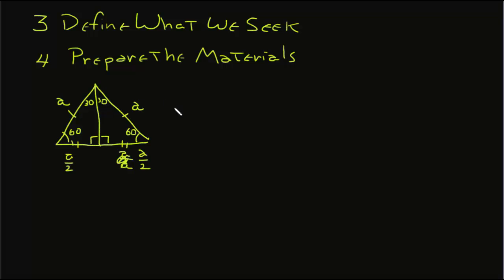So now we have twice over a 30, 60, 90 triangle, two of whose sides are defined in terms of their own 30, 60, 90 proportions, as a and a over 2.